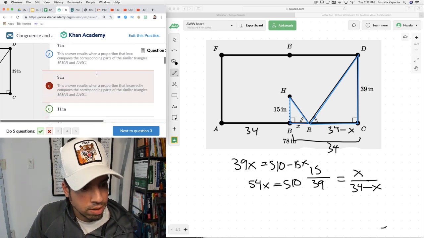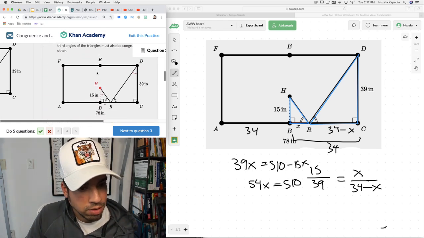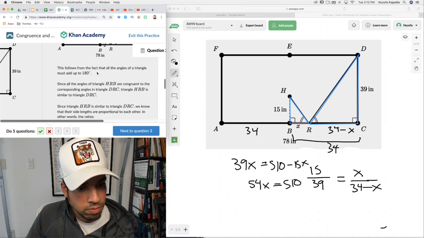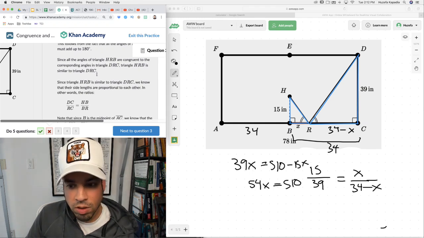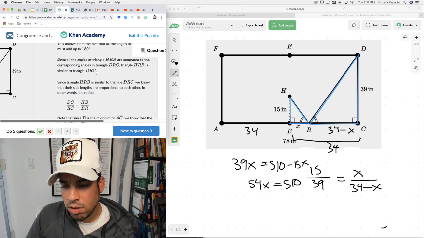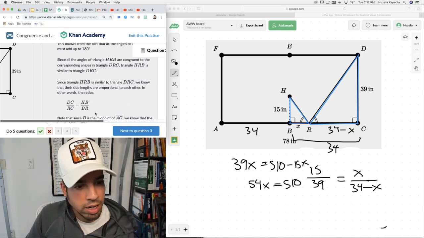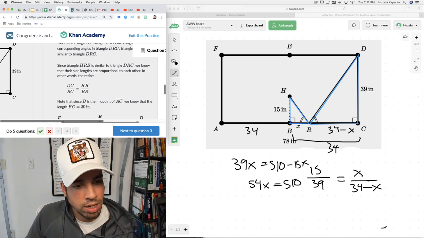How is it 11? Let me see what they did here. Okay. DC over RC. Oh, they did it a little differently, but DC over RC equals HB over BR. That's essentially what I did, but you can set it up a different way.